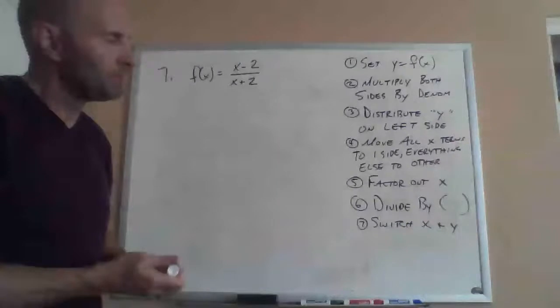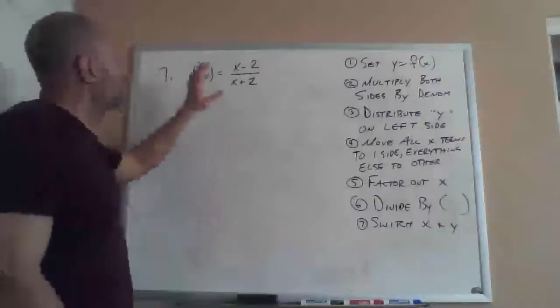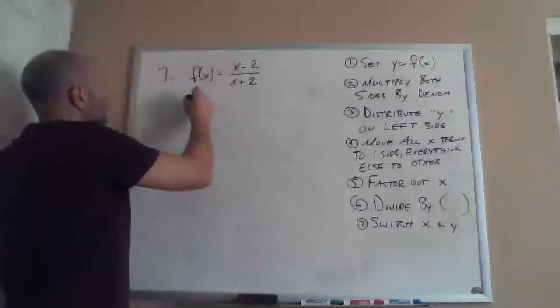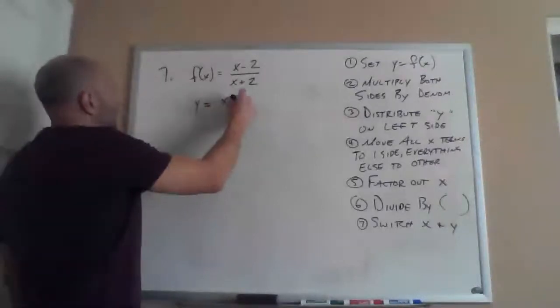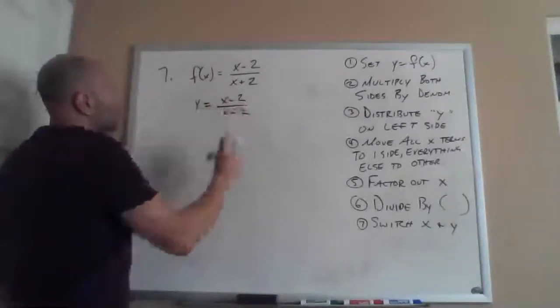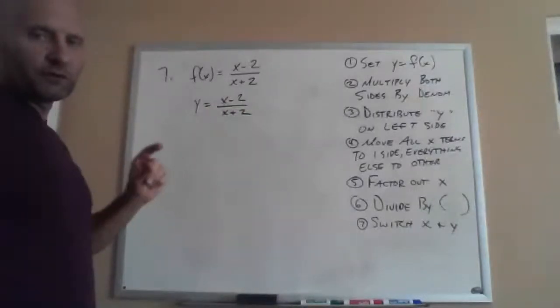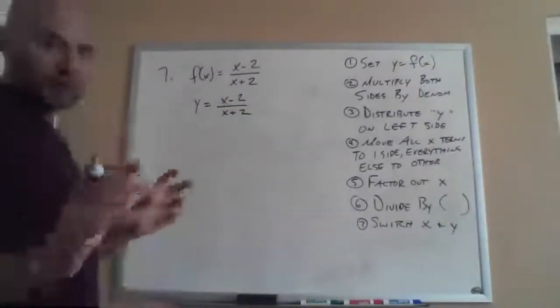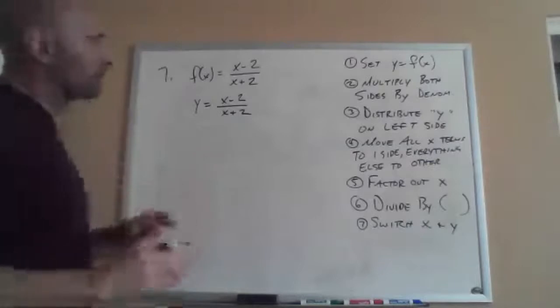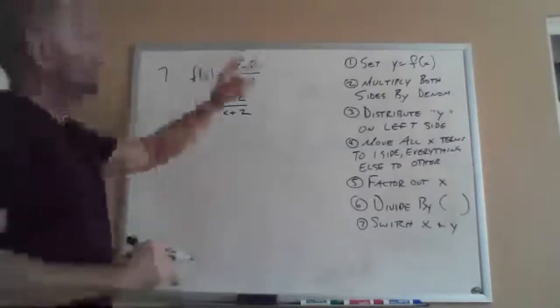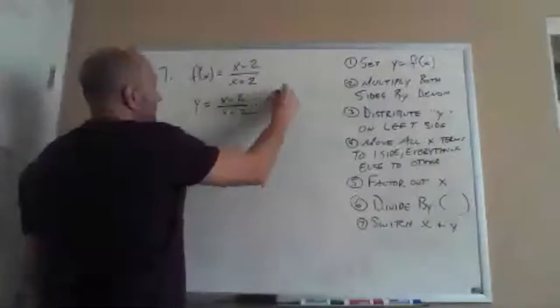All right, so let's try that on this problem, see how this works. So first thing, set y is equal to this guy. Step 2, and as I'm going through this, if something doesn't make sense, hit that exclamation point so I know to slow down until you can ask me a question. Step 2, multiply both sides.